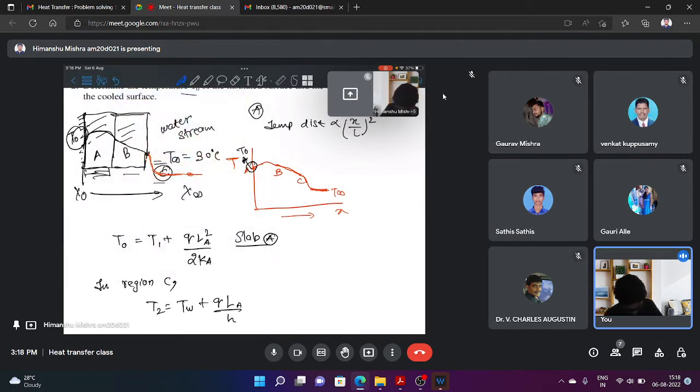So I have T naught at the left side of A, here I have T1, here I have T2, and this is my T infinity.